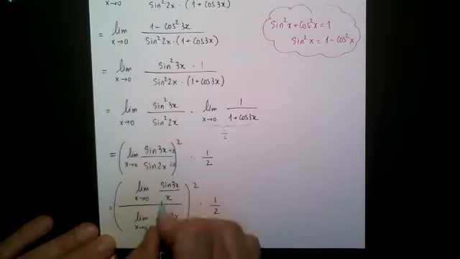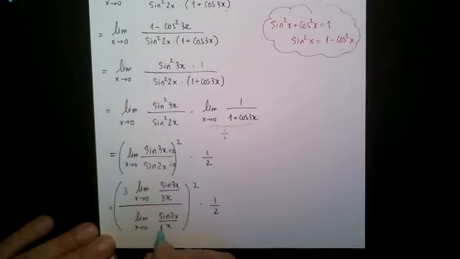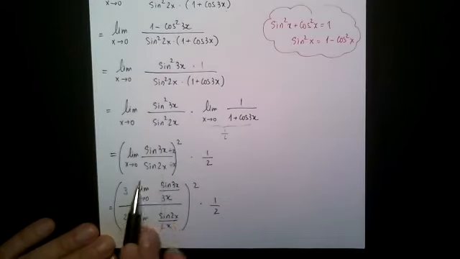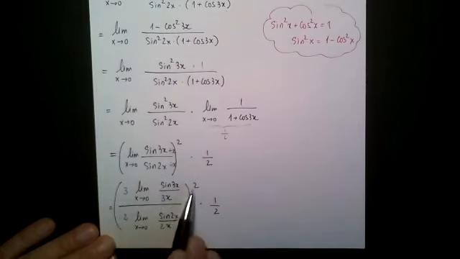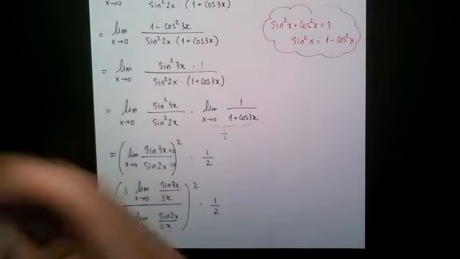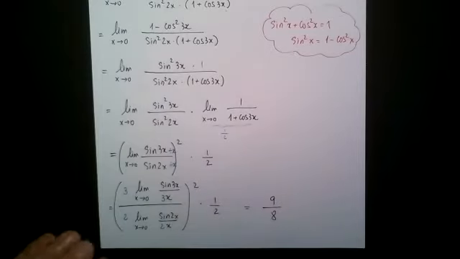Okay, and then I will do times 3 times 3 times 2 times 2. Okay, and that's it. This will be 1. This will be 1. So I have 3 over 2 squared times 1/2. Okay, that's pretty easy. So the answer will be 9 over 8. This is what I get.